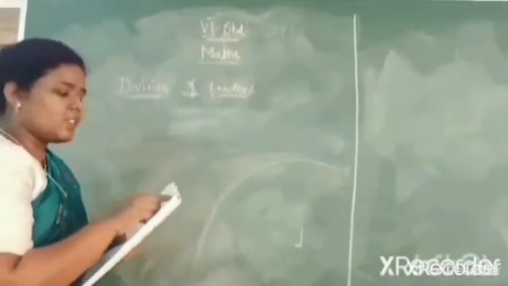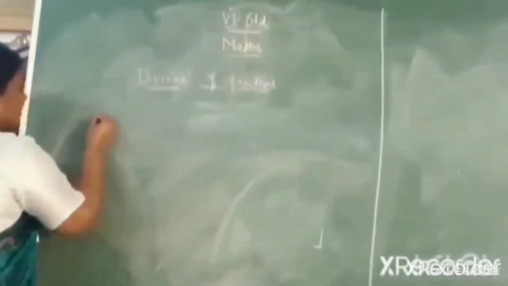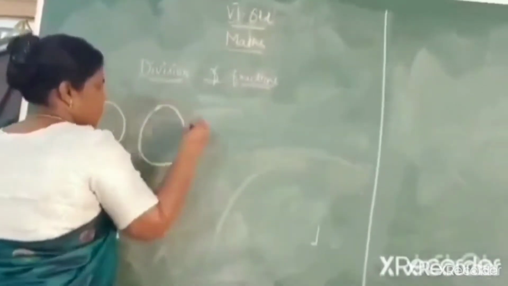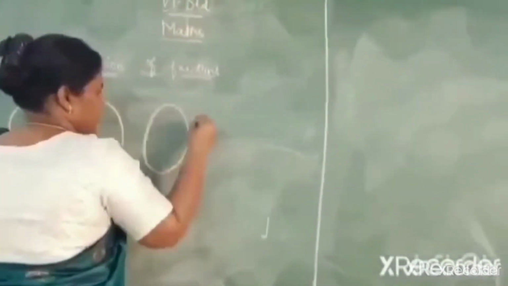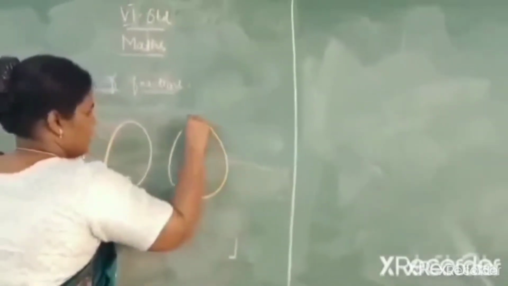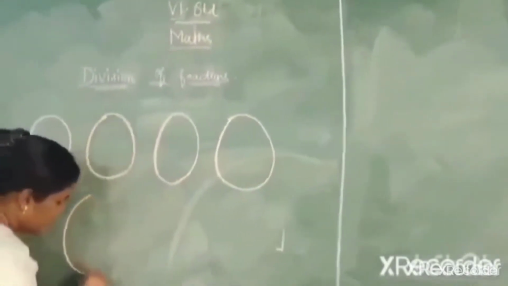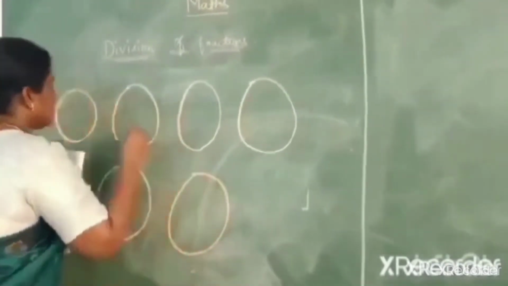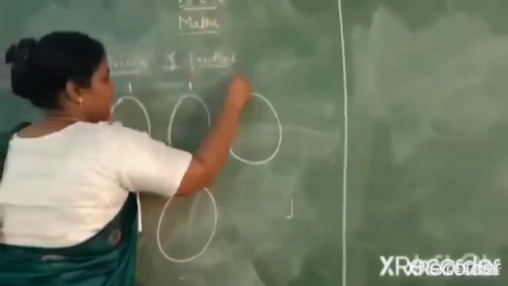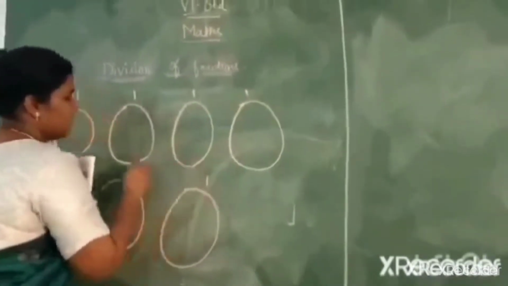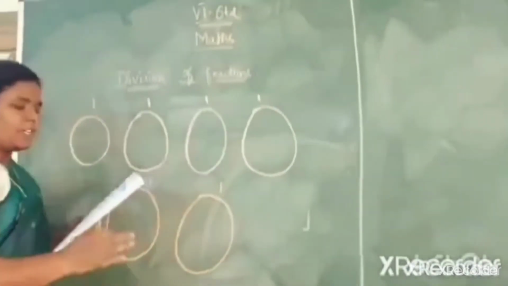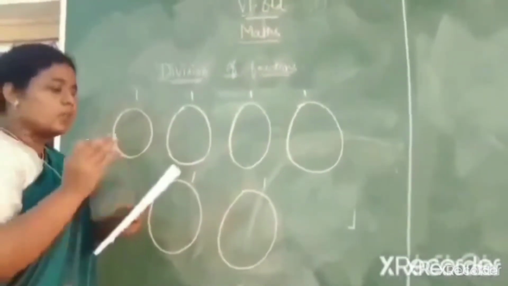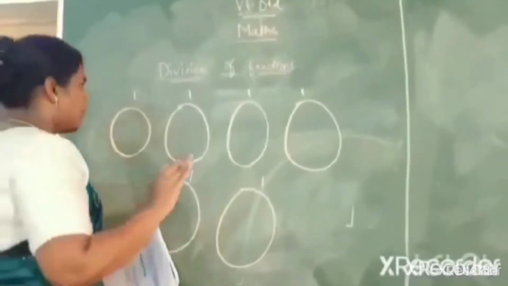So we will take this circle as 6 liters, 1 liter, 1 liter, 1 liter, 1 liter, 1 liter and 1 liter. We have totally 6 liters of water. He wanted to give half-liter water bottles to the students, so how many students will get a water bottle?